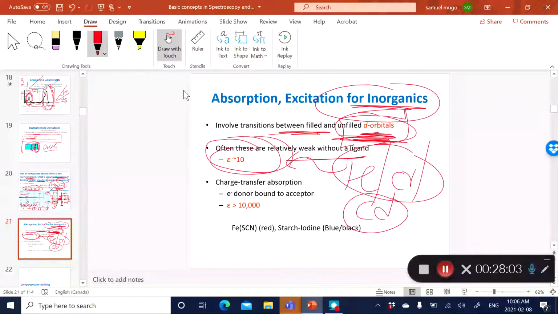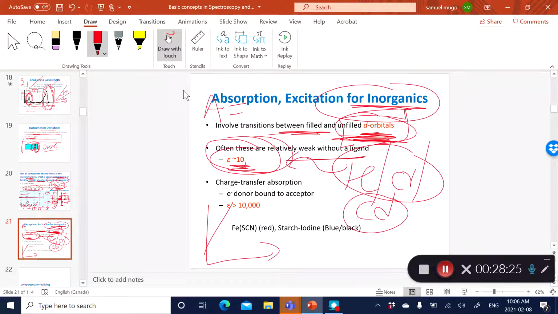Having said that, you're going to see that the sensitivity is very low if you just try to analyze inorganics without chelating them, without adding a ligand to them, because the molar absorptivity is very low.